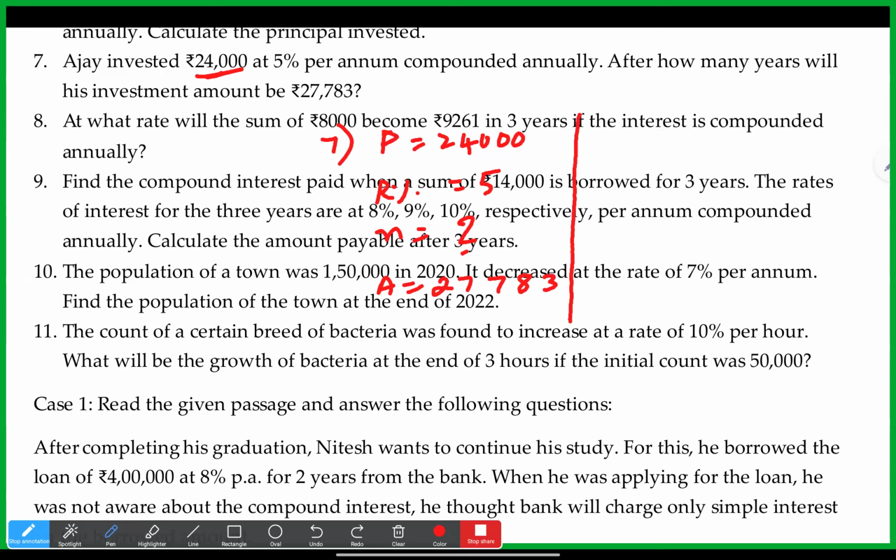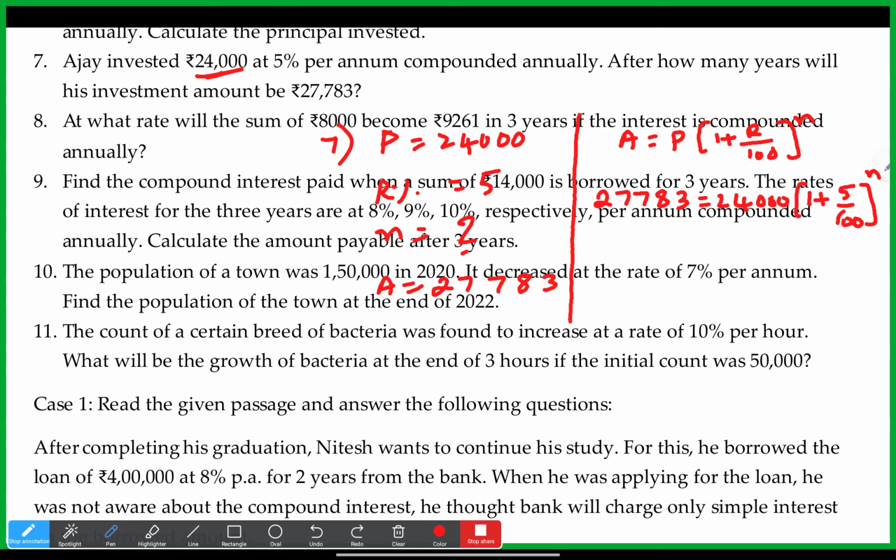Is it okay? So now the formula I'm applying: A is equal to P into 1 plus R by 100 whole power n. So A is 27,783 is equal to P, which is 24,000, into 1 plus R, which is 5 by 100, whole power n. N we need to find. And we'll keep it like that, okay?